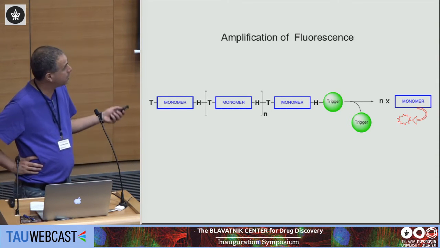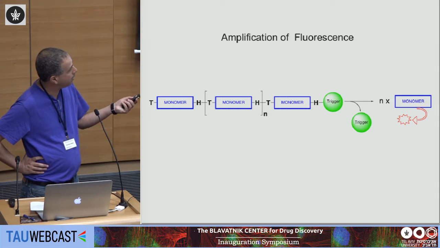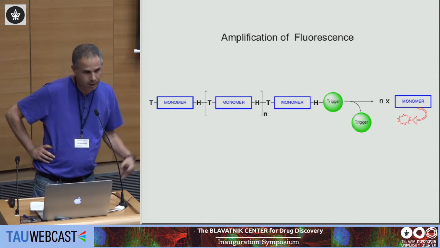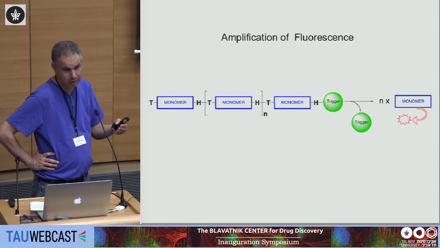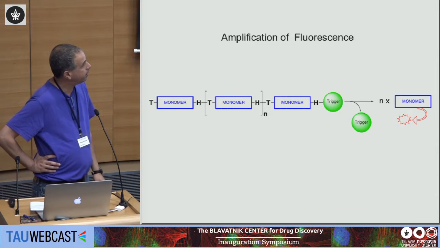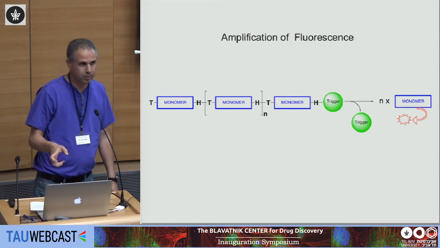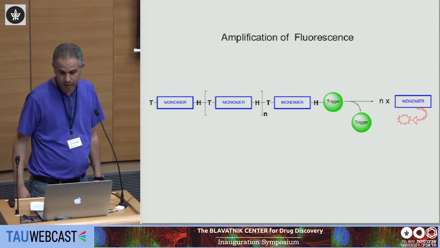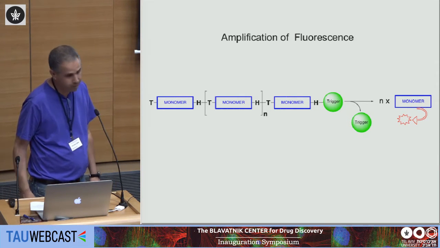And the way it's going to work here is that these monomers go through a sequential disassembly reaction, based on a unique reactivity that's called in chemistry quinone-methide elimination. And those quinone-methide species, if you design them properly, after reaction with a water molecule, can produce a fluorescent molecule, and that's how you can actually amplify fluorescence.